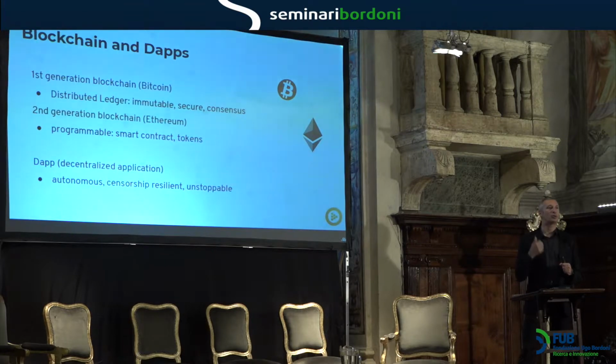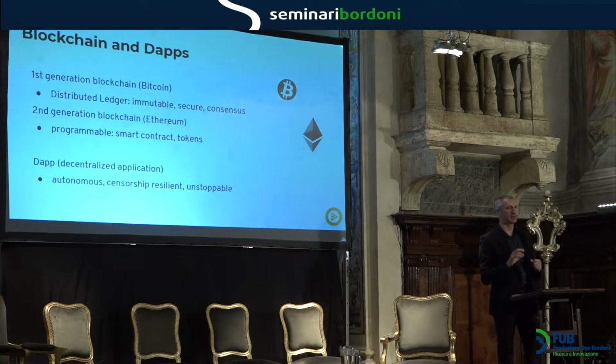So a dApp is autonomous. It means that you pay once for the deployment of your smart contract on Ethereum, but when it's there, it's there. Each time there is a transaction on Ethereum that triggers the smart contract, the smart contract will be executed. You don't have to pay for that. So you deploy once, and it runs forever. And more important, no one can stop it. No one can modify the program.